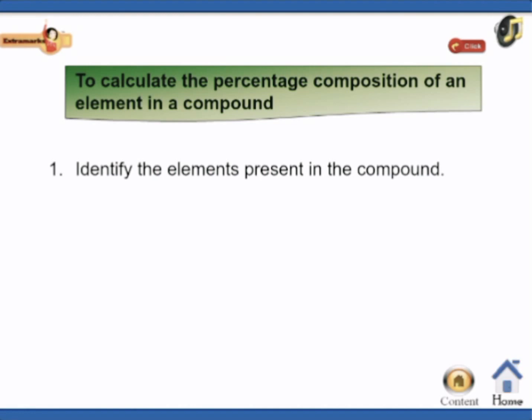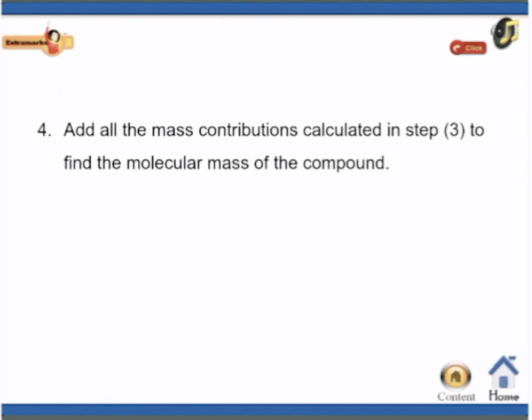The steps to calculate the percentage composition of an element in a compound are: identify the elements present in the compound, add all the mass contributions calculated in step 3 to find the molecular mass of the compound.